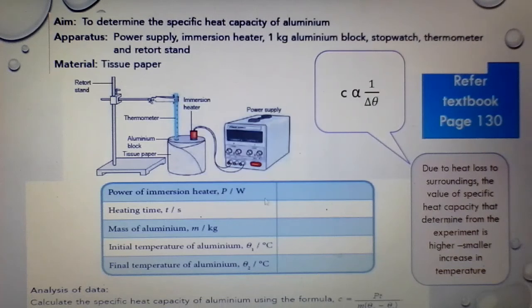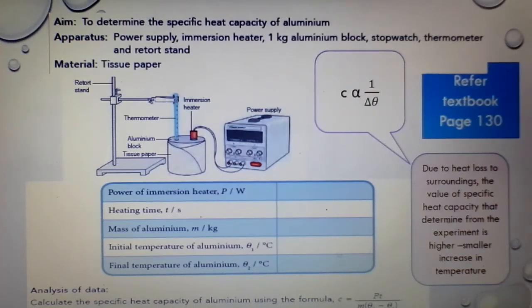Okay, so what we need to record in this activity: power of immersion heater, heating time, how many seconds, mass of aluminium, here is 1 kilogram, so just write 1 kilogram, initial temperature, theta 1, and final temperature, theta 2, after the set time of heating.